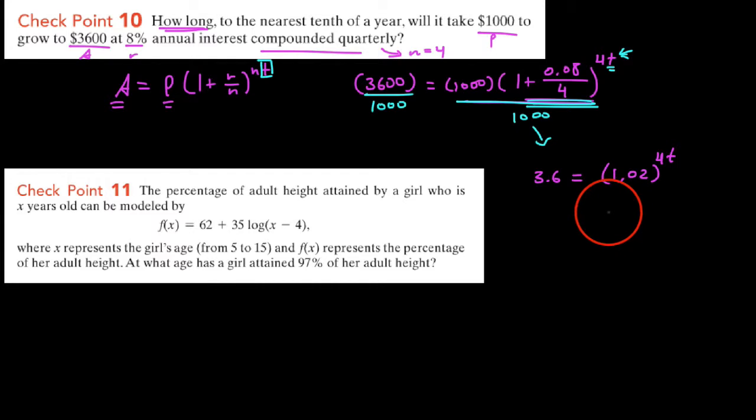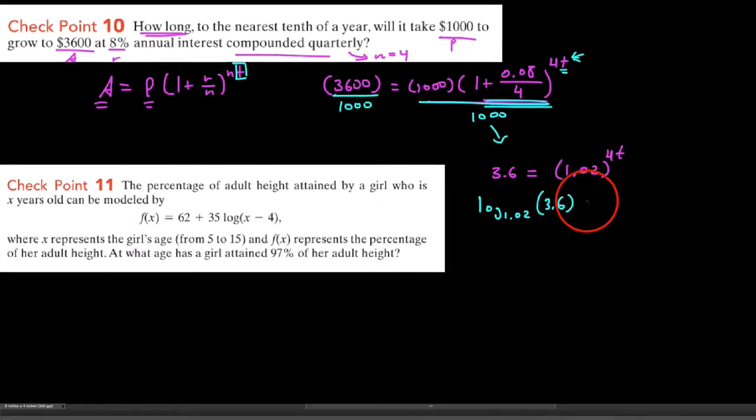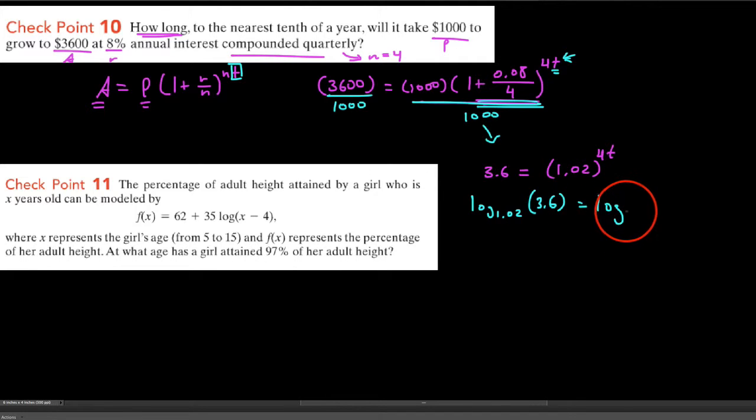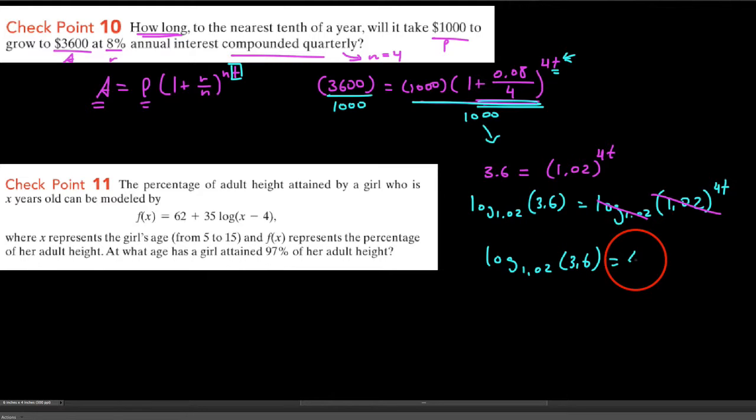Now we're going to take the log of both sides. My suggestion is that we take the log base 1.02 of both sides. Log base 1.02 of 3.6 is the same thing as log base 1.02 of 1.02 to the 4t. With these canceling out, we get log base 1.02 of 3.6 equaling 4t.